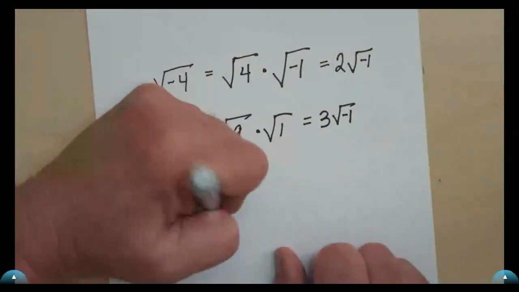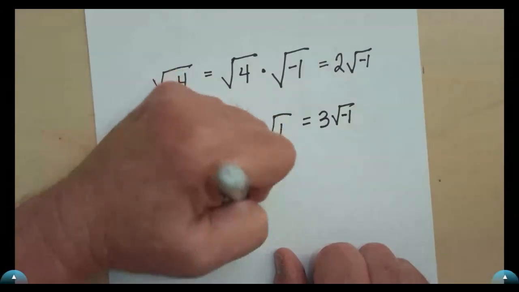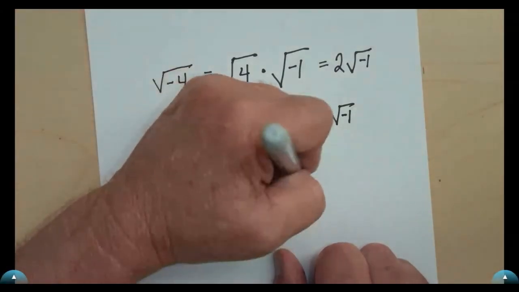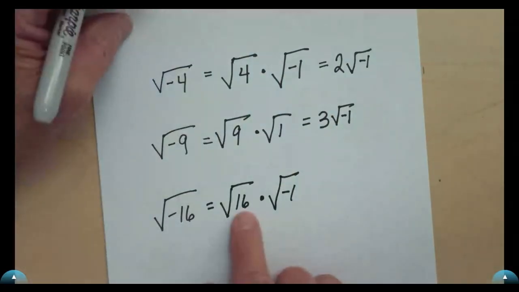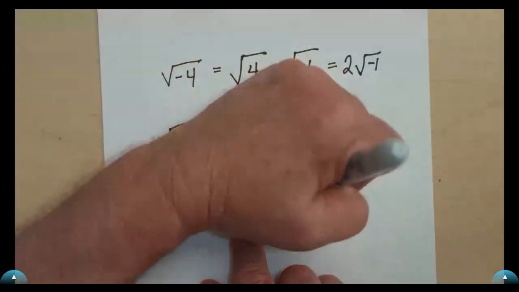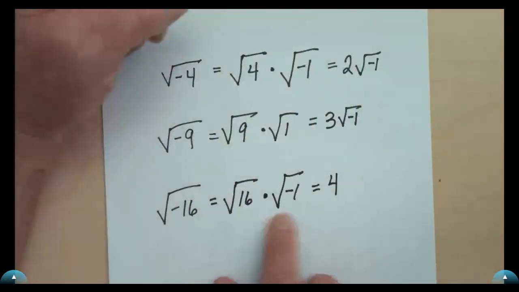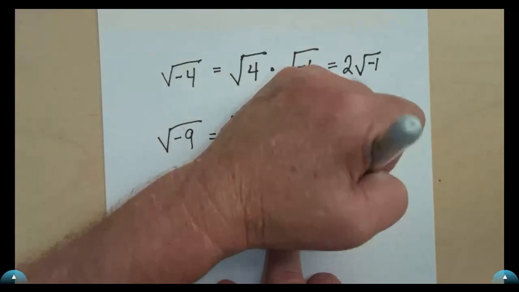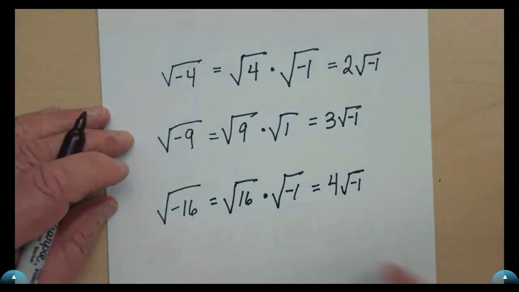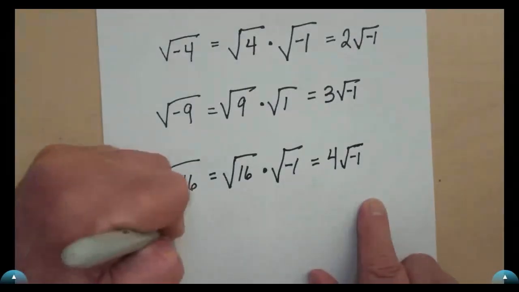The square root of negative 16, just kind of beating a dead horse here at this point, would be the square root of positive 16 times the square root of negative 1. The square root of 16 is 4, right? Because 4 squared is 16. So the square root of negative 16 is 4 times the square root of negative 1, which is kind of an I-don't-know thing.